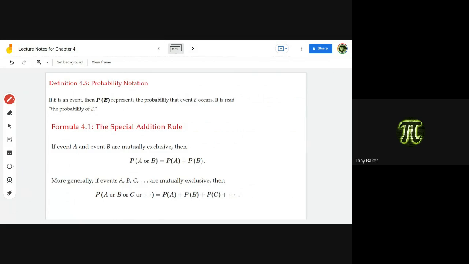If we were looking at the probability of pulling, actually, we'll go back to a die because it's simpler. What's the probability of getting a 3 or a 5 on a die?